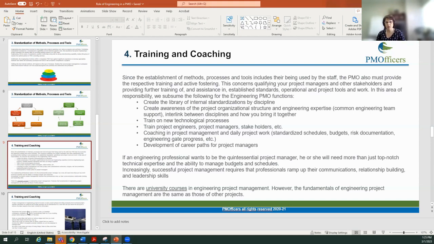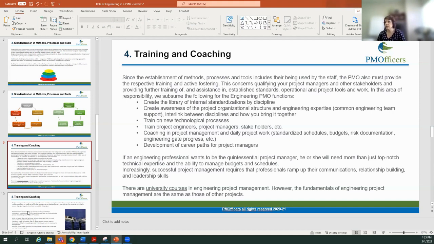So if you have a PMO, that is actually great, because all the processes and the procedures are already laid out, and hopefully the PMO is following through, making sure that the rules are being kept and played by. But obviously, since the establishment of methods, processes, and tools includes them being used by the staff, the PMO also must provide the respective training and the activity fostering.